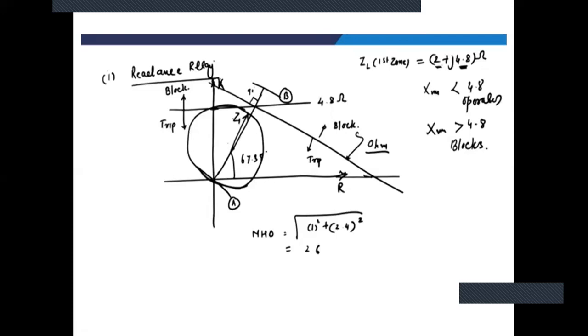Okay, so we have discussed this and we have drawn the characteristics of all three types of relay, that is Ohm relay, reactance relay, and Mho relay. So in this class we have discussed the quantities to be fed to the distance relay.